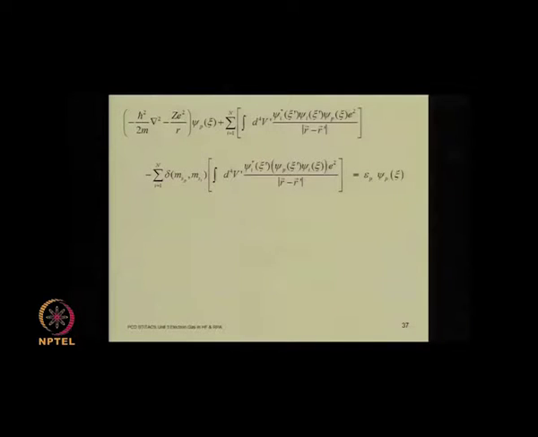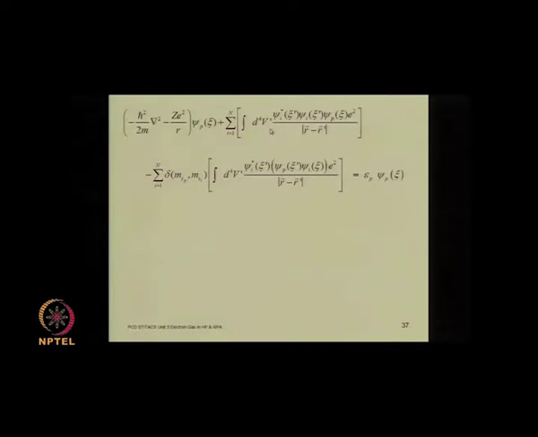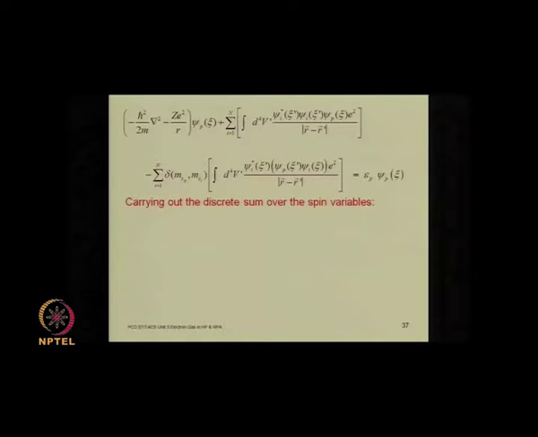So, here we have these integrals inclusive of the summation over the spin variables. So, let us go ahead and carry out the summation over the spin variables explicitly, okay, and leave the integration over the space variables undone at this point.